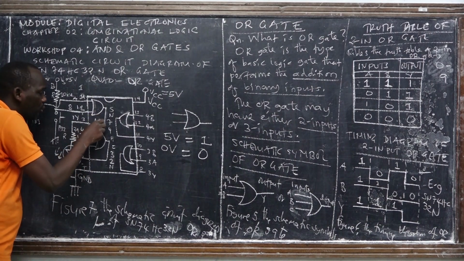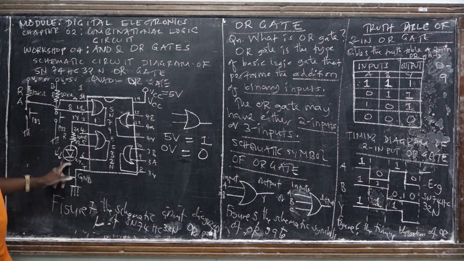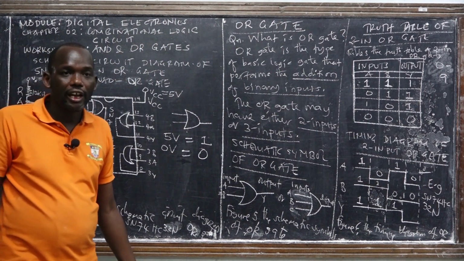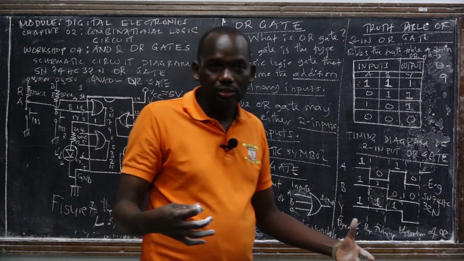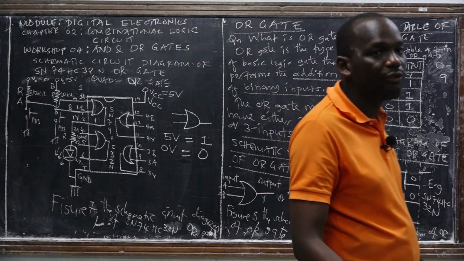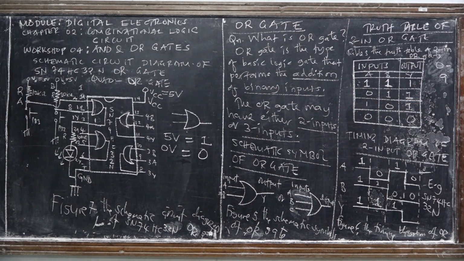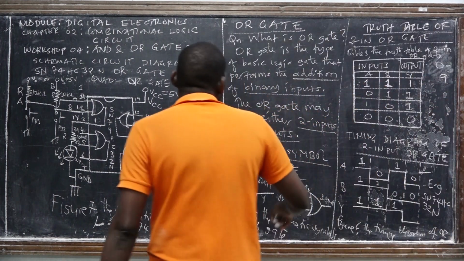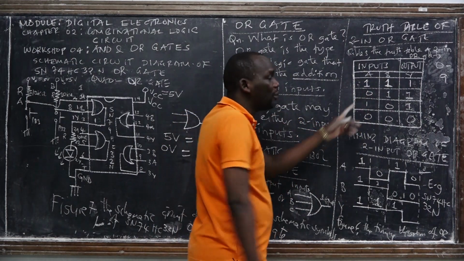So if the output is 1, what will happen to the LED? It will turn on. Why? Because we have the supply voltage of 5 volt. Are we together? The second, what is the status of input A?